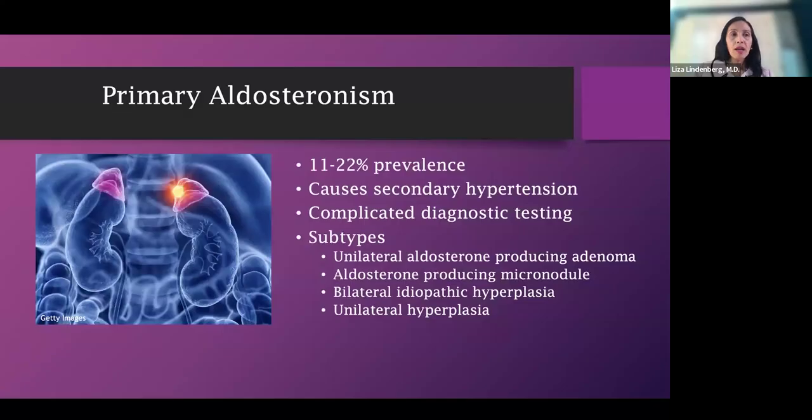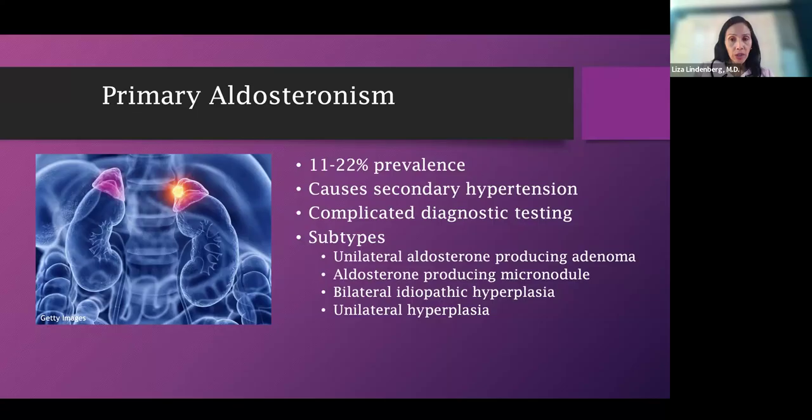The prevalence is approximately 11% in normotensive individuals and up to 22% in hypertensive people. This is an under-recognized common cause of secondary hypertension with implications for cardiovascular, renal, and metabolic morbidity and mortality.